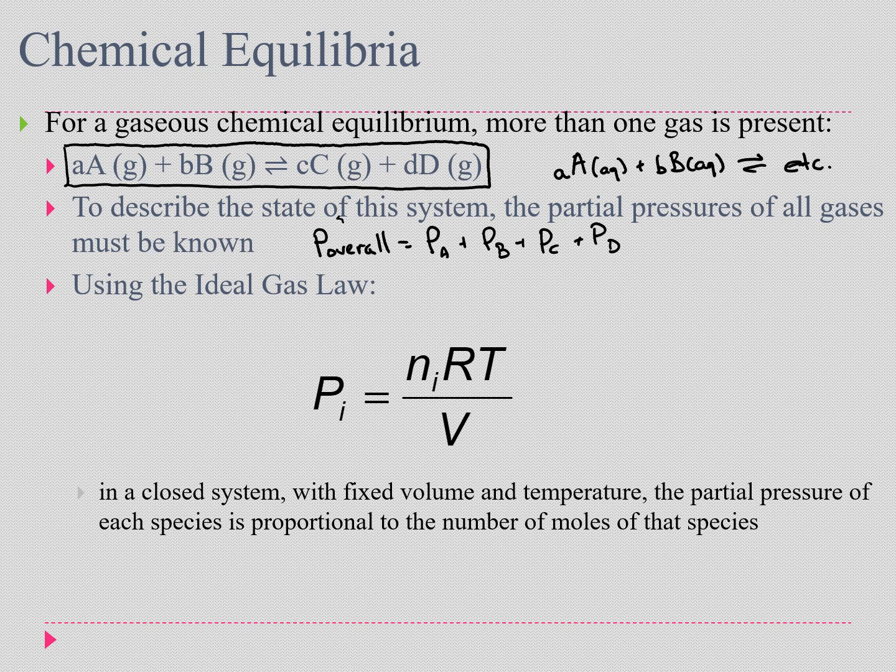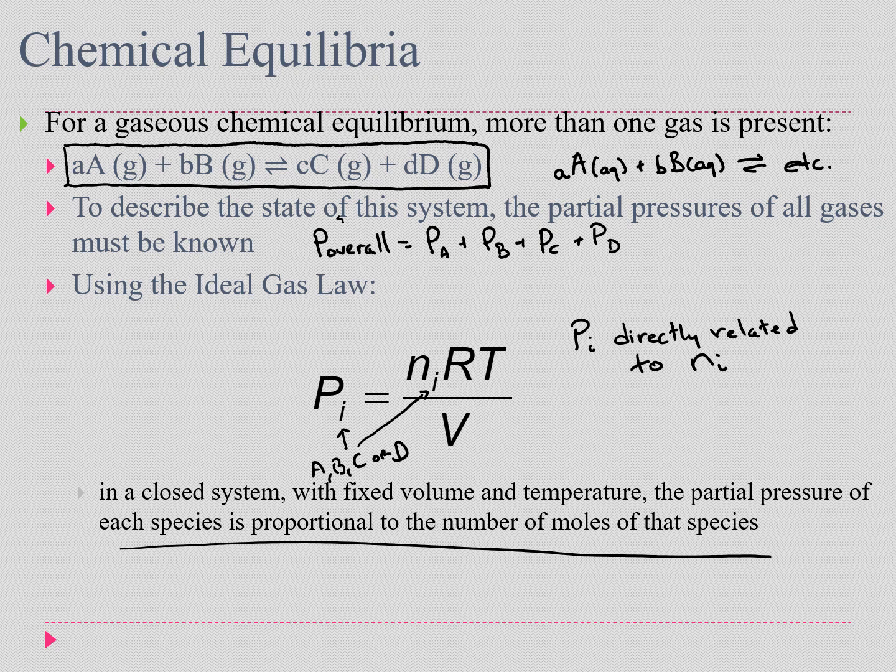And if we use our ideal gas law, notice that the pressure of one of those species, this could be A, B, C, or D, is equal to the number of moles of that same species times RT over V. So that's telling us that the pressure of our species is directly related to the number of moles of that same species, which is basically what it says down here on the bottom.